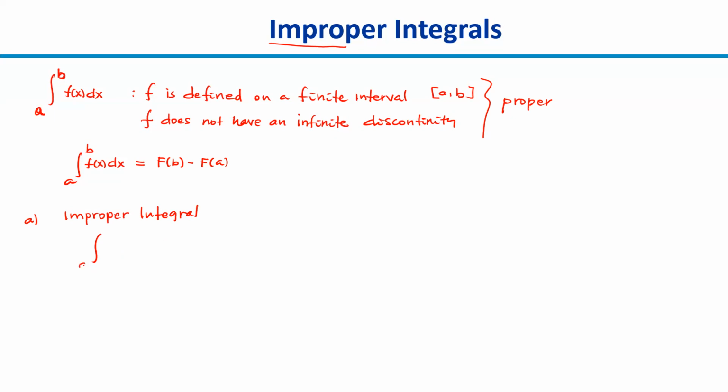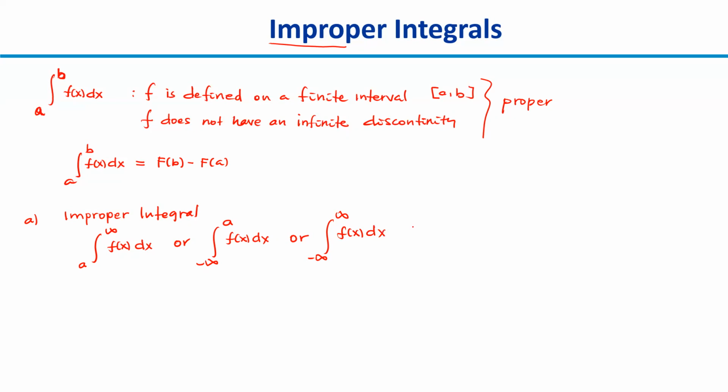It could be, for example, the integral from a up to infinity of f of x dx, or the integral from minus infinity to a certain number a of f of x dx, or the integral from minus infinity to infinity of f of x dx.